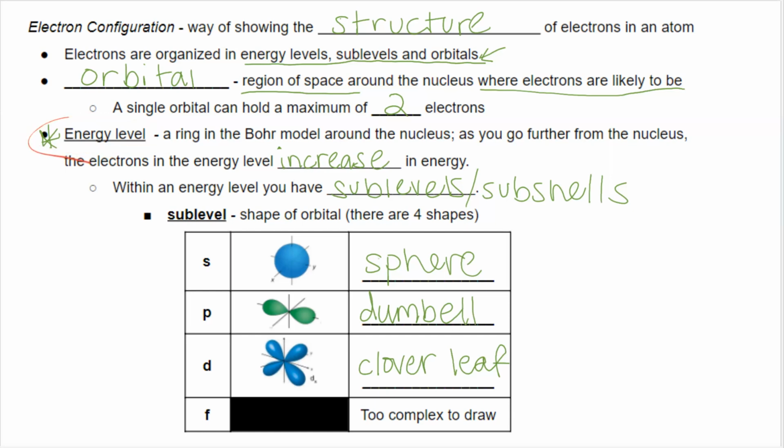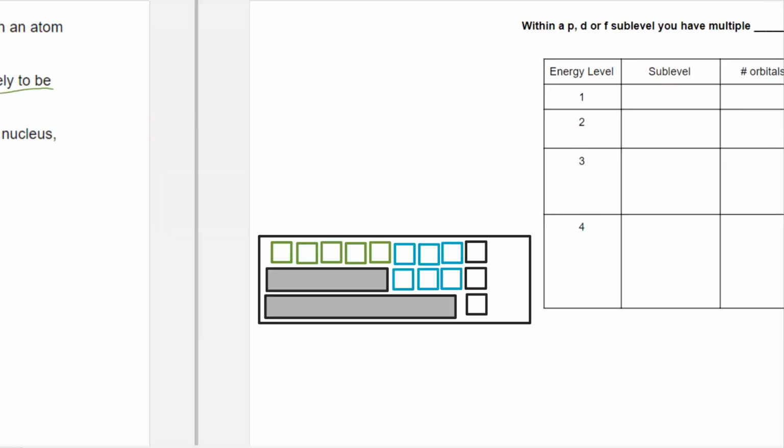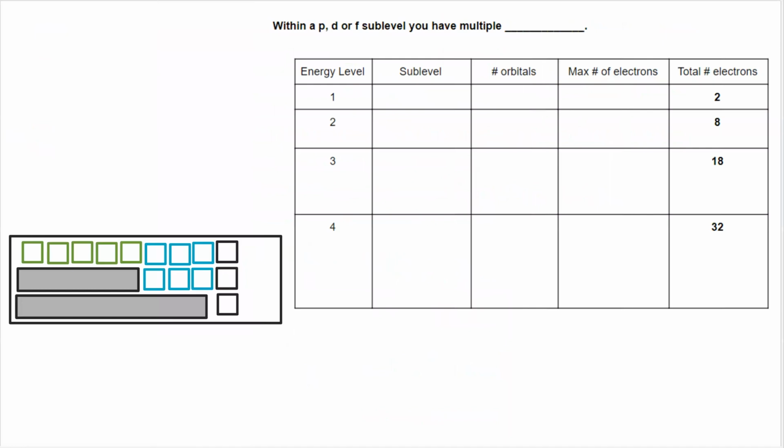So a ring in our Bohr model is our energy level. Okay, so we're just trying to apply this vocabulary here. All right, move to the next slide. Okay, so within a sublevel or a certain type shape of orbital, we can have multiple orbitals.